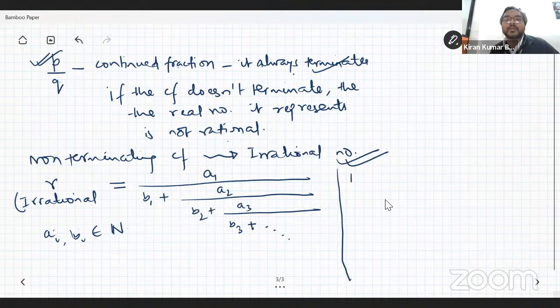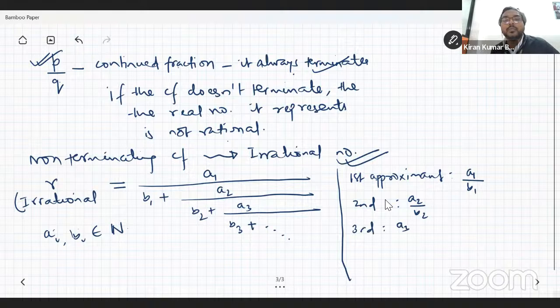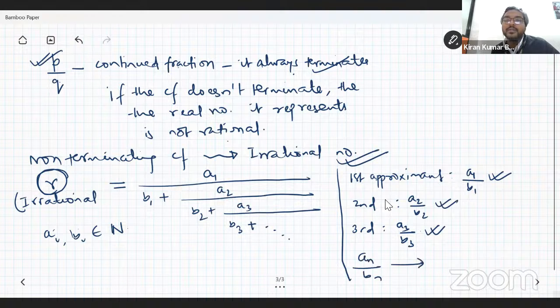For this continued fraction, the first approximant is a1 by b1, second is a2 by b2, third is a3 by b3. On the left hand side I have an irrational number r. On the right hand side I have a sequence of rational numbers. And the fun fact is an by bn converges in some sense, I will not go into the details, to r as n goes to infinity.